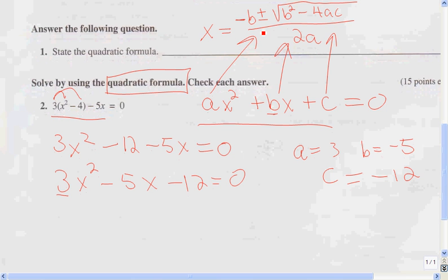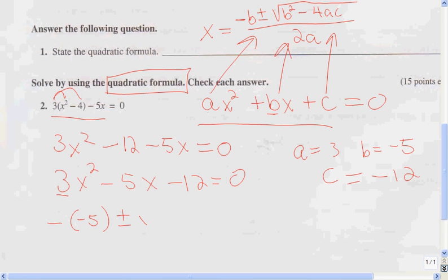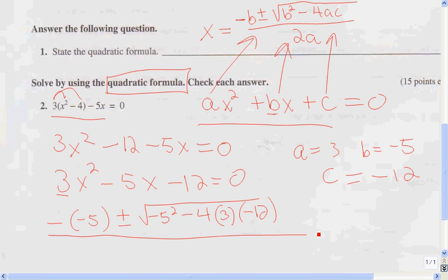So now I plug it in. Negative b, which is negative 5. So negative times a negative 5, plus or minus negative 5 squared minus 4 times a, which is 3, times c, which is negative 12, divided by 2 times a, and a is 3, so 2 times 3.